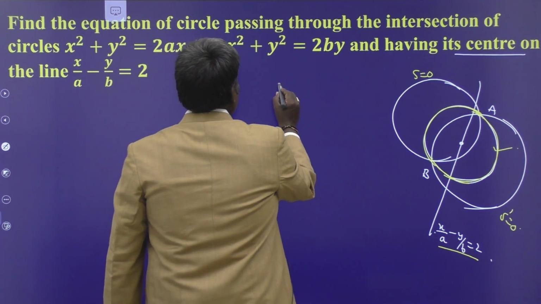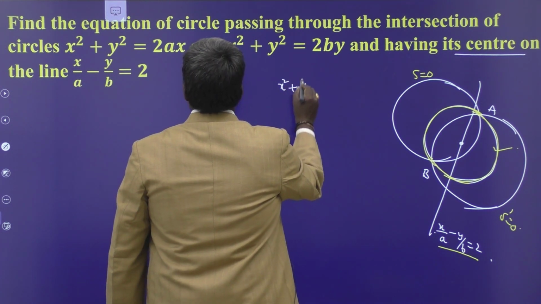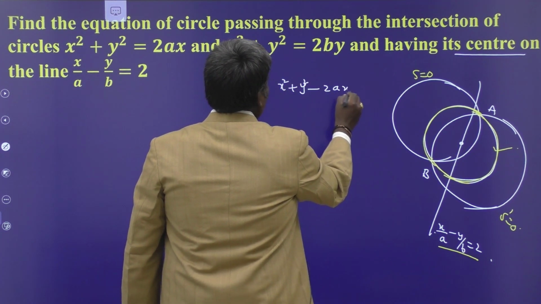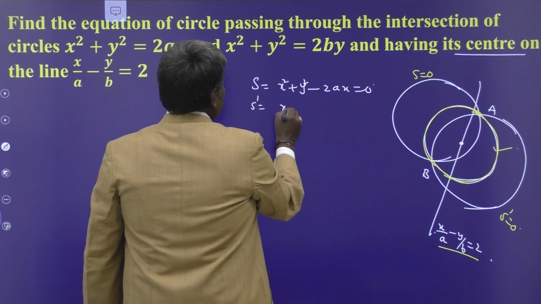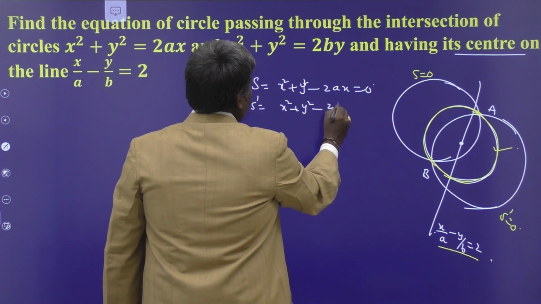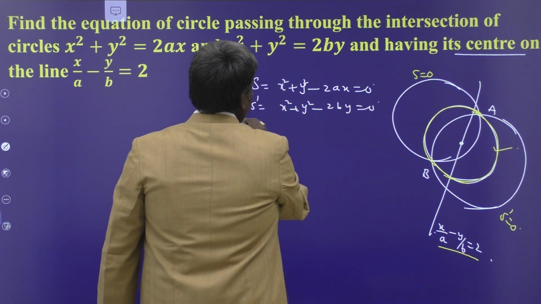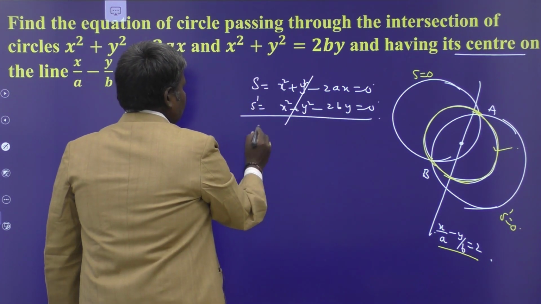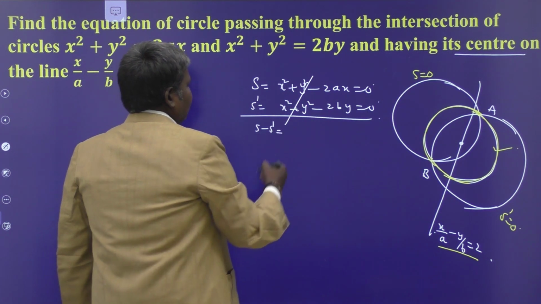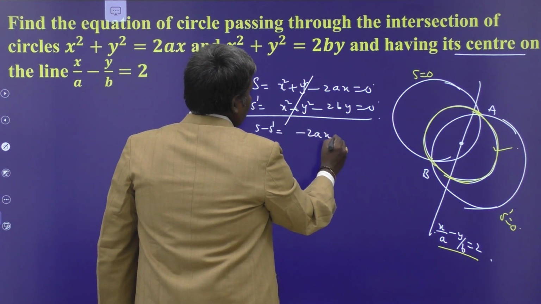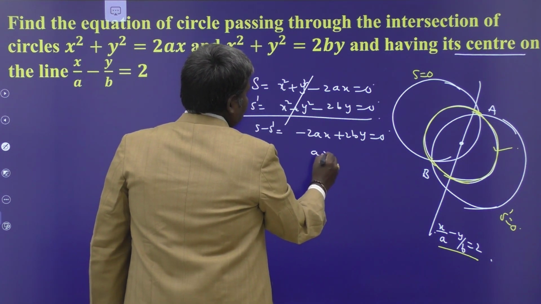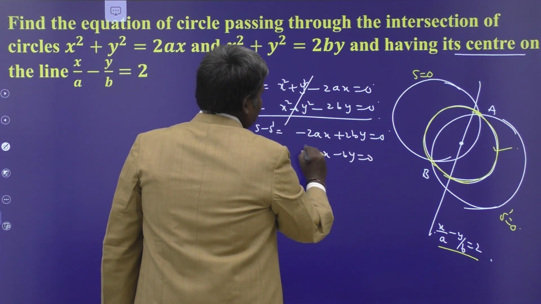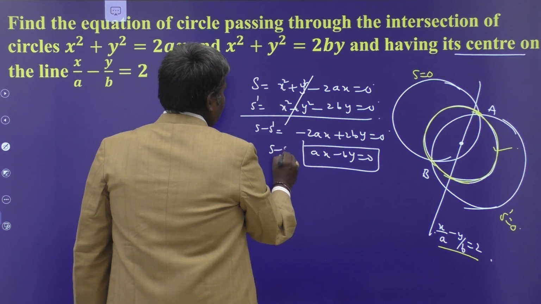What is S minus S dash? x square plus y square minus 2ax equal to 0 is your S, and S dash is x square plus y square minus 2by equal to 0. By subtracting these two equations, we get S minus S dash, that is nothing but minus 2ax plus 2by is equal to 0, or ax minus by equal to 0. This is S minus S dash.